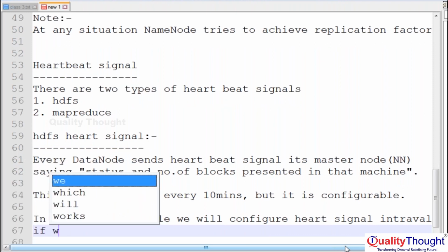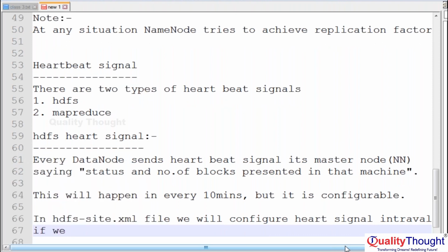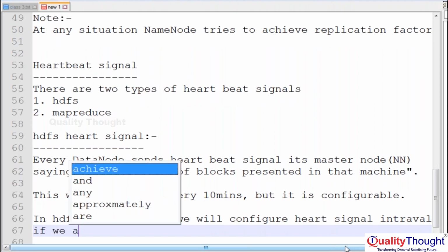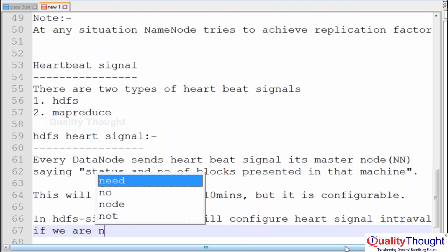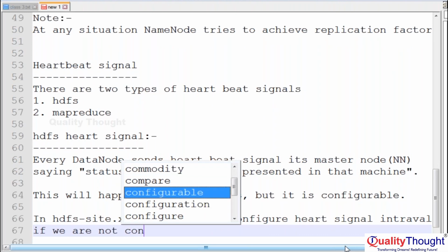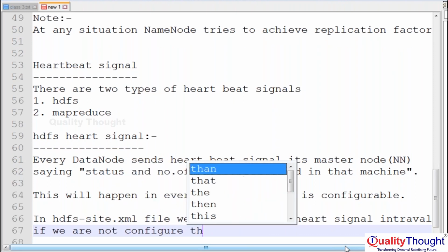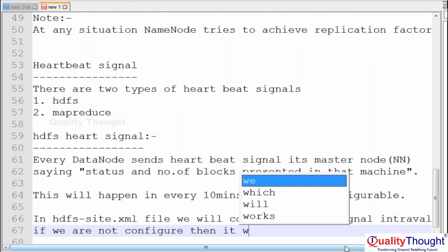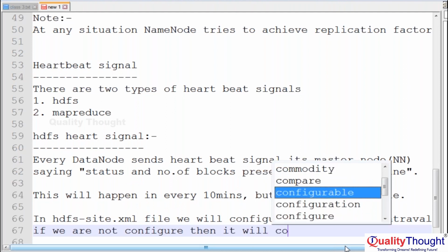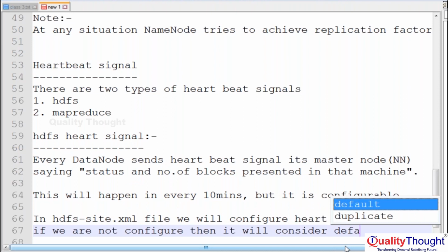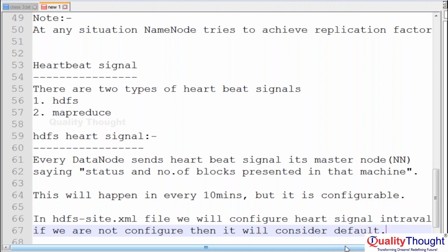If we are not configured, then it will consider the default. The default is every 10 minutes.